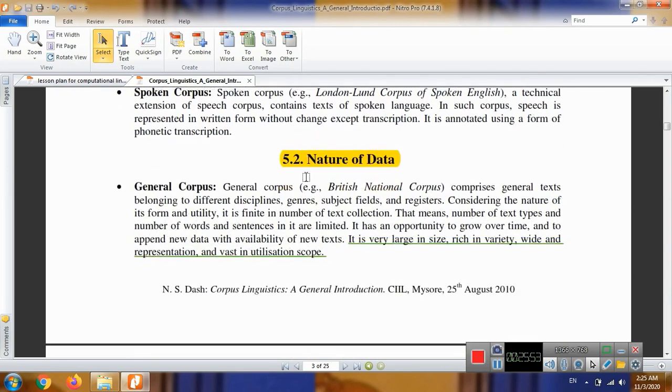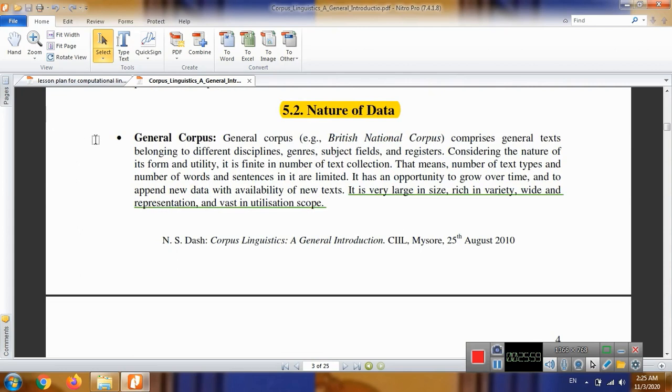About the nature of data, we have some subfields, one of which is general corpus. General corpus, like British National Corpus, comprises general text belonging to different disciplines, genres, subject fields, and registers.